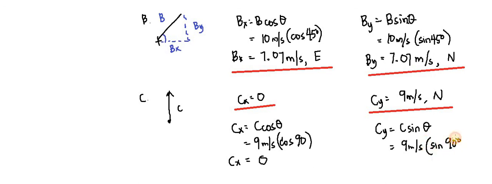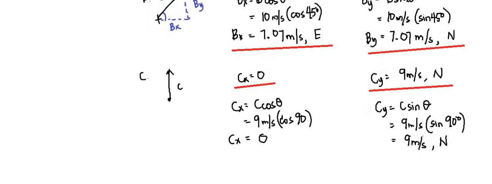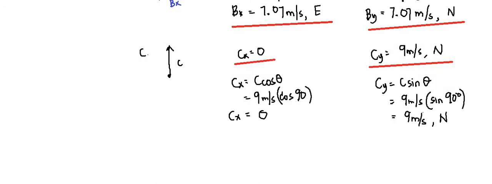Okay, sine 90 is 1. Okay, so if we have sine 90 multiplied by 9 meter per second, so that is 1 times 9, 9 meter per second. That's still 9 meter per second. Now the direction is north. Okay? That's why we have those value. Okay? Or just simply write a 0 for your x.